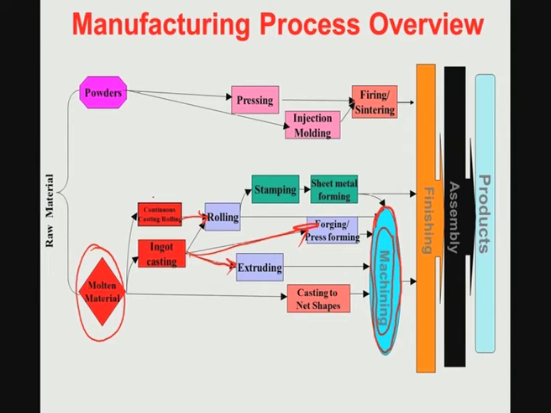Another process which is used, not to that extent, but to a relatively lesser extent, is the powder based processes. So, you have the metal powders, then you press it, then either you can sinter it, sinter means high temperature heating, I will cover in more detail the sintering aspect when I talk about ceramic processing techniques, or you can do powder injection molding to make a near net shape product.